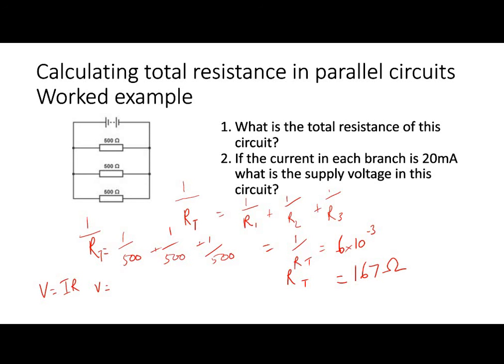I'm going to write it in amps. So that gives me 20 times 10 to the minus 3, times 500 because that's my resistance, which gives me a voltage of 10 volts. So the supply voltage from my battery is 10 volts.